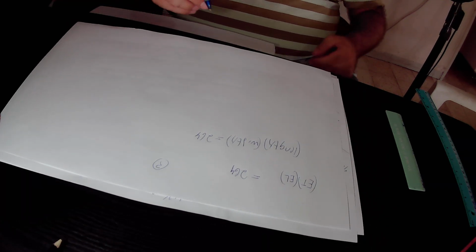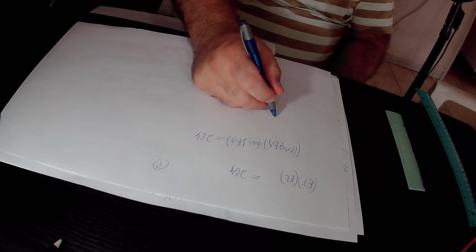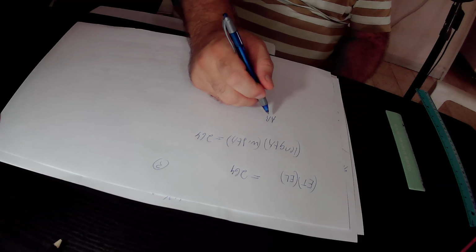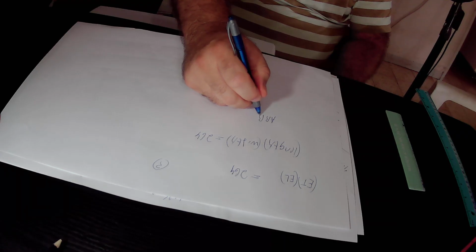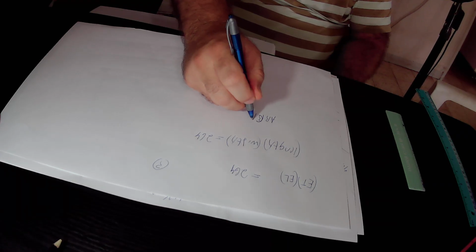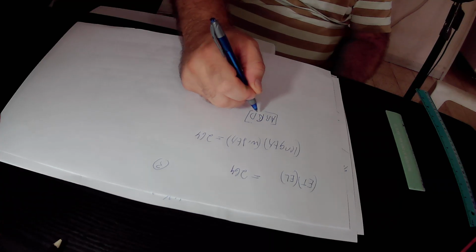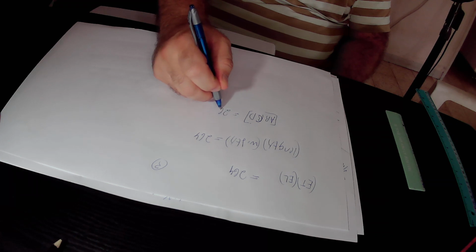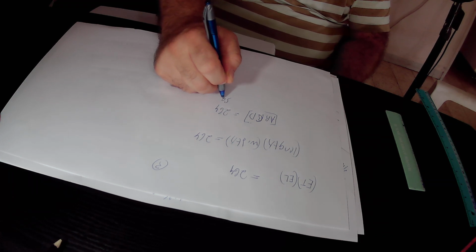So, the area of rectangle ABCD, that is the length times the width, is equal to 264 square units.